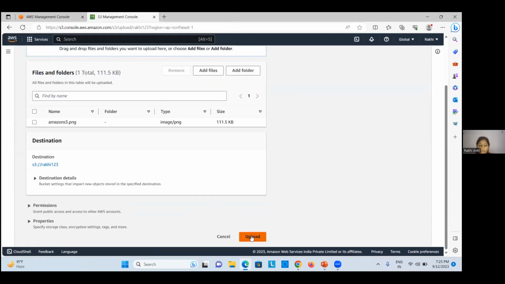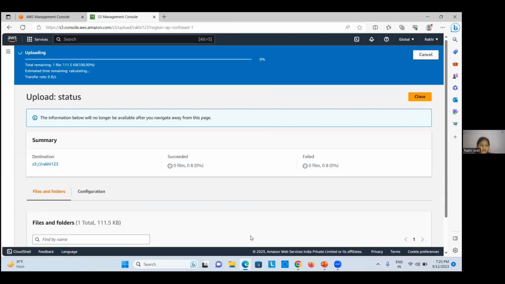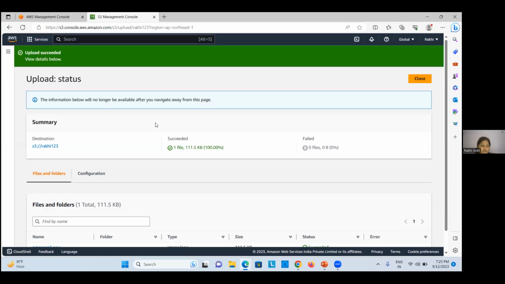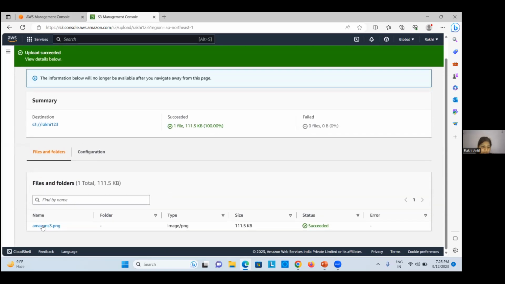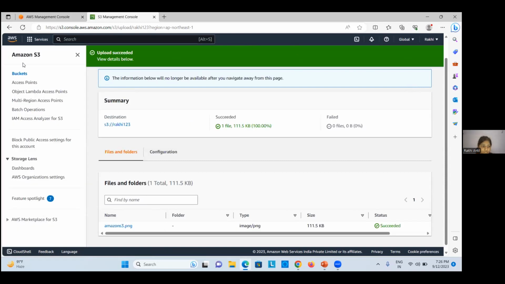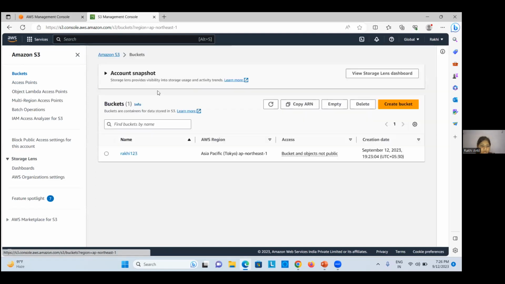Then click on upload. So the file is uploaded successfully. Then move on from the bucket.